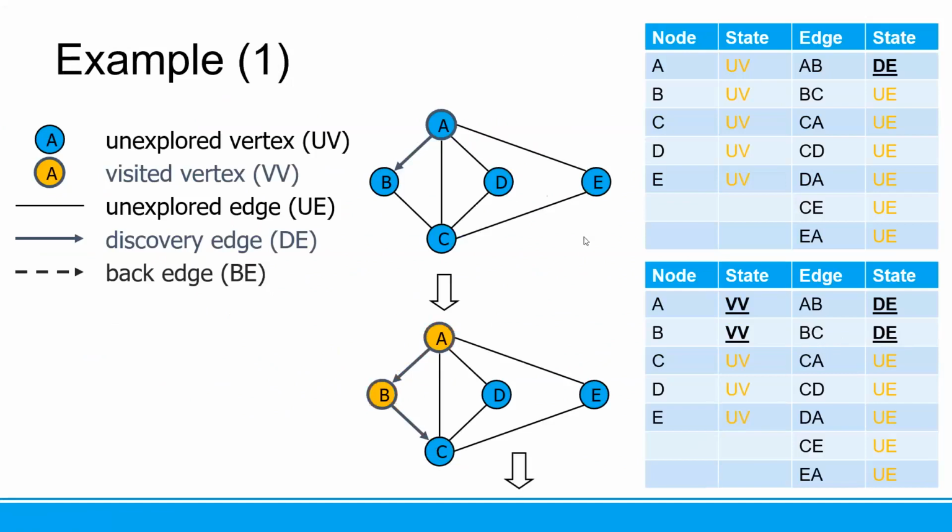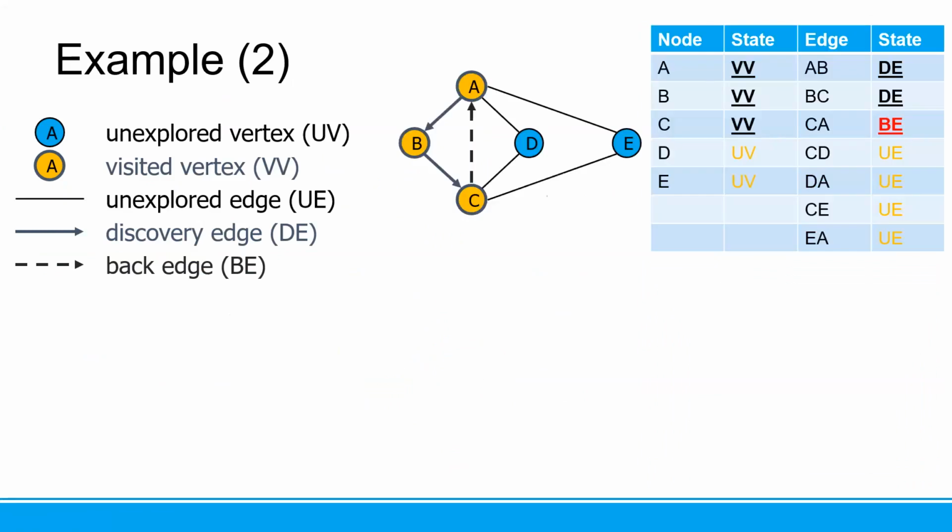Next, I know that this opposite is C, okay, and then from this C, again, I mentioned to you, there are three steps. First, we need to find the incident edge, and then we need to find the opposite.